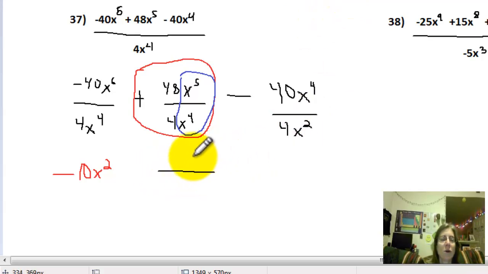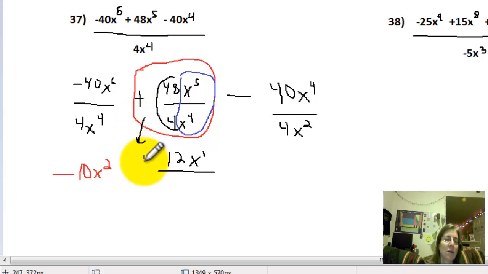We have x to the 1 power, and when the exponent is positive, it's in the numerator. Alright, so then we divide out the 48 divided by 4, which is 12. So then this becomes 12, and we keep our positive sign.